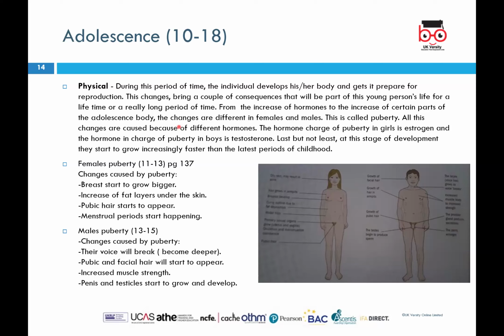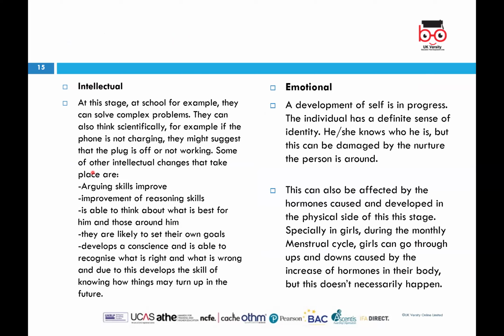Okay, so these physical changes happen, and then there are some intellectual changes. They develop their own personalities, which can have an impact on who they are and how they turn out to be. At this stage, when they're at school, they have different ways of understanding the world.